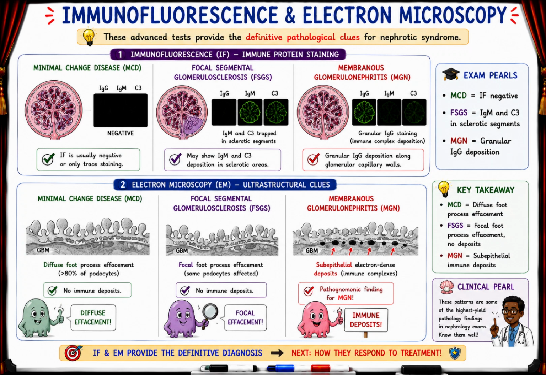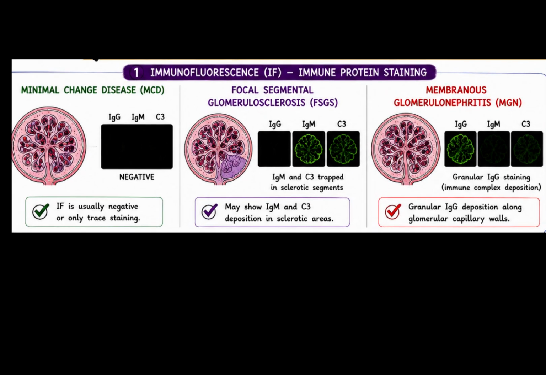Immunofluorescence and electron microscopy provide the definitive pathological clues. On immunofluorescence, MCD is usually negative, FSGS may show IgM and C3 trapped within sclerotic segments, and MGN demonstrates granular IgG staining reflecting immune complex deposition.